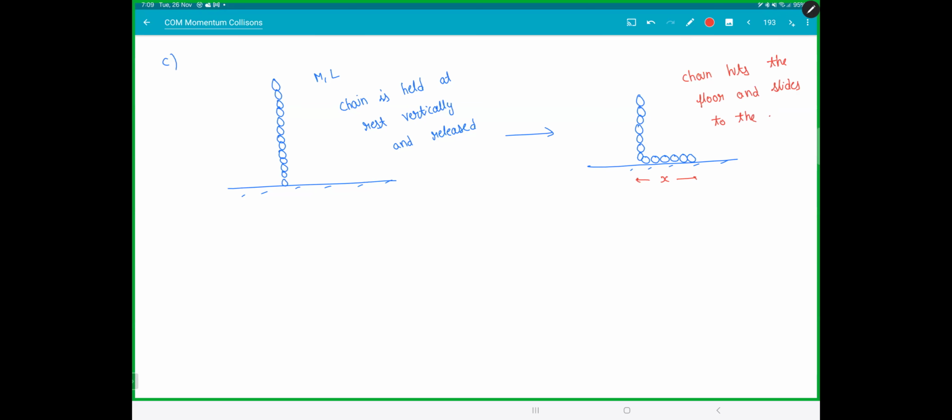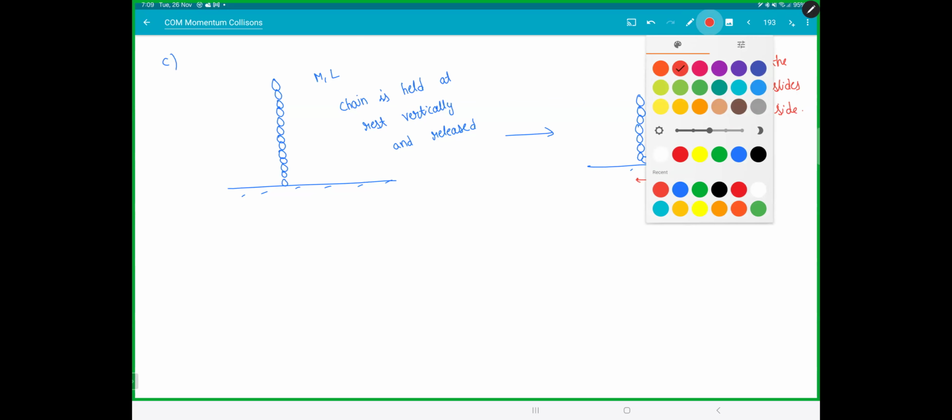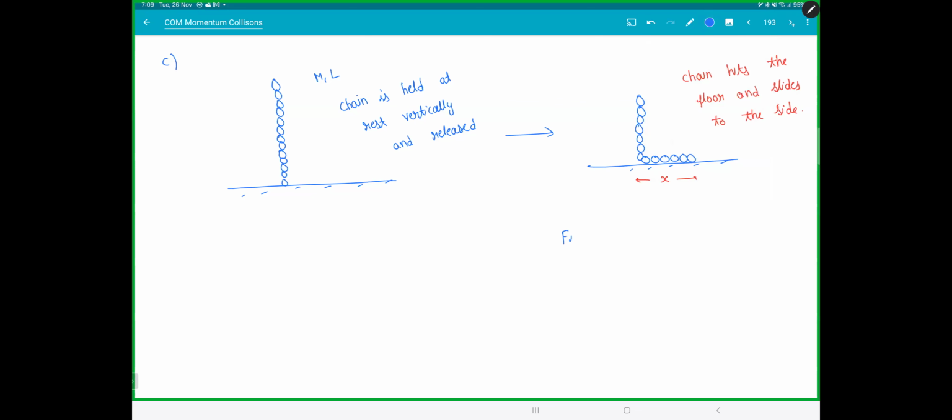Are you able to visualize how it is? Find the force due to the chain on the floor as a function of x.